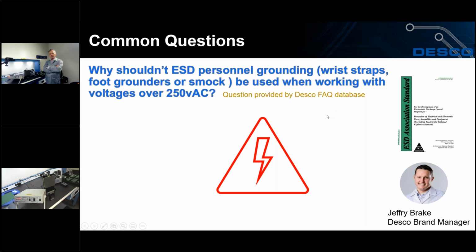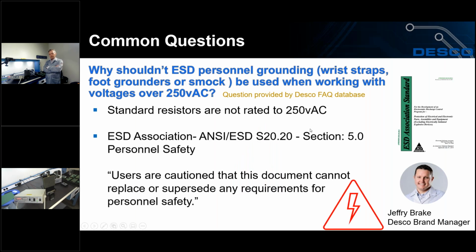Why shouldn't ESD personnel grounding, wrist straps, foot grounders, or smocks be used when working around high voltage, 250 volts or more? This is spelled out in the ESD Association's S2020 document in a couple ways. First and foremost, it states that safety takes precedent to your ESD control plan.